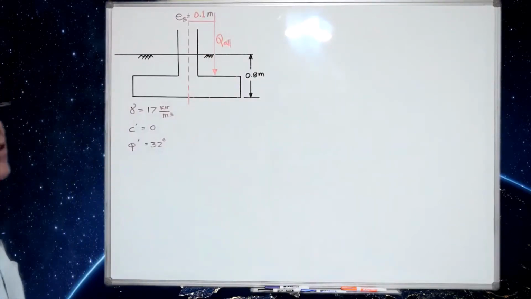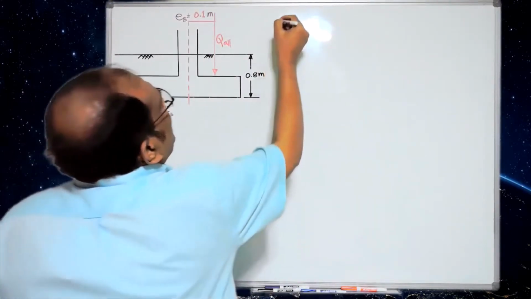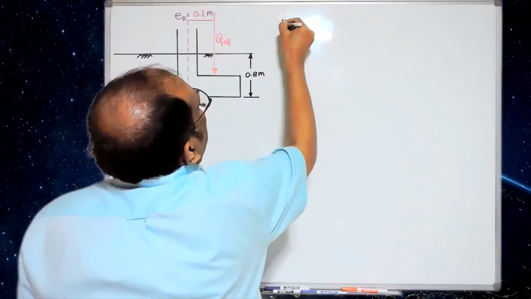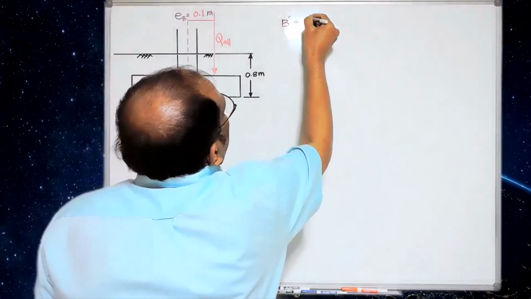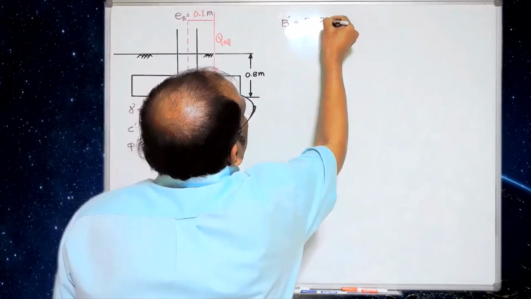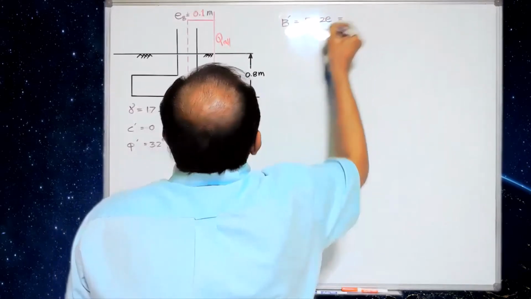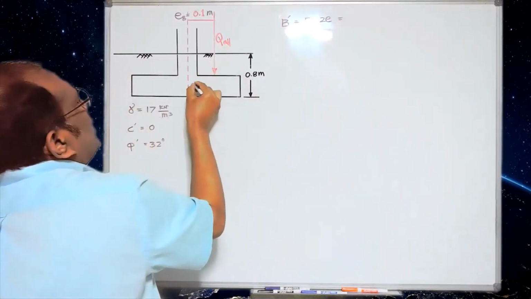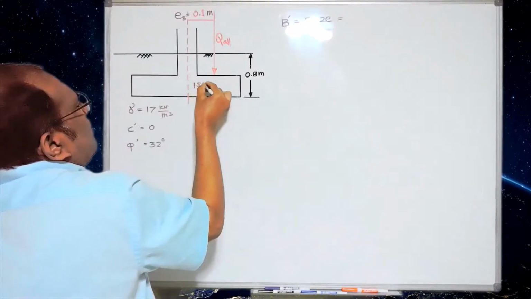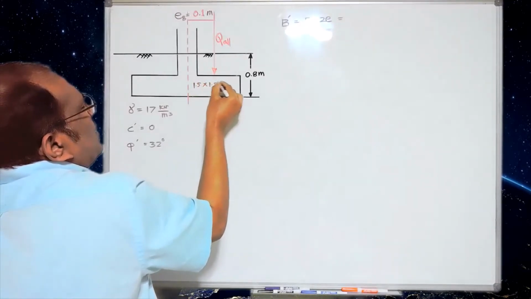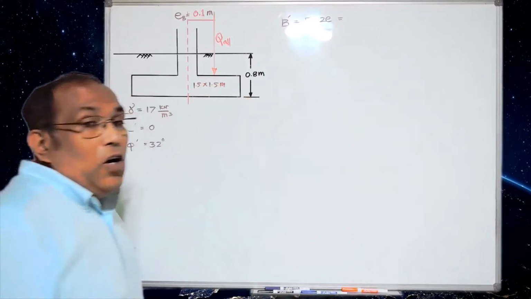The effective width B prime is basically B minus 2e. You know that B is 1.5 into 1.5, so this is a square column.